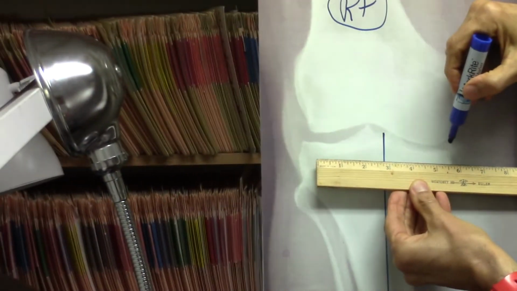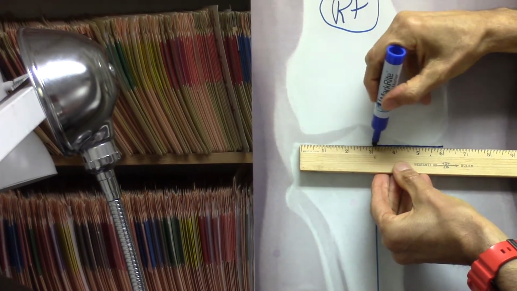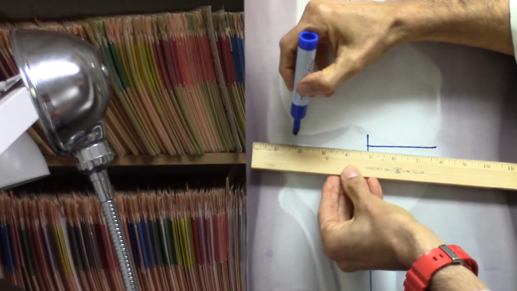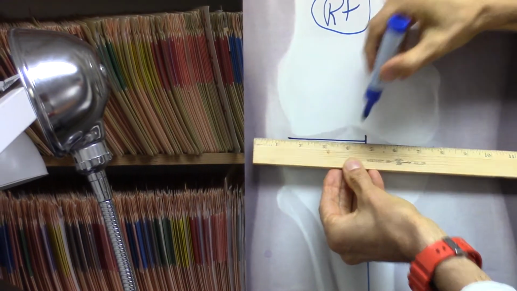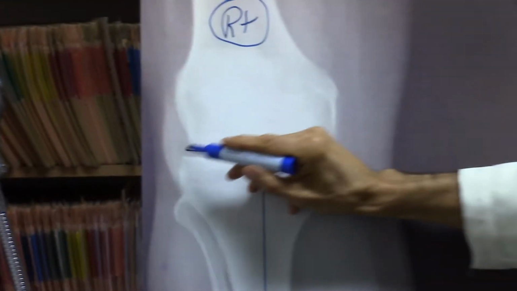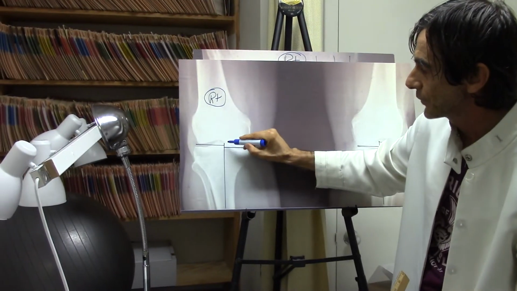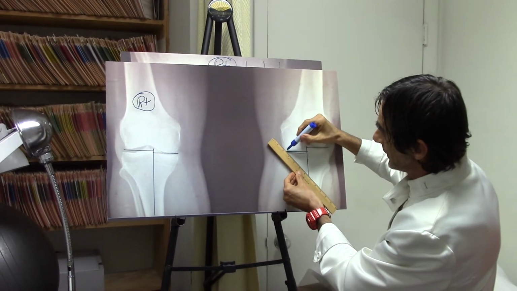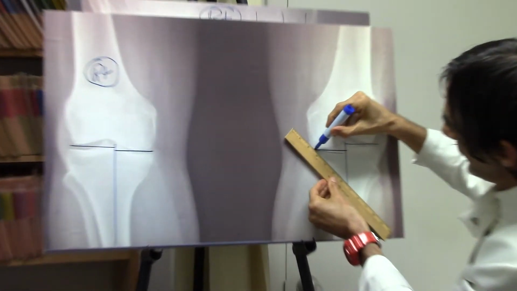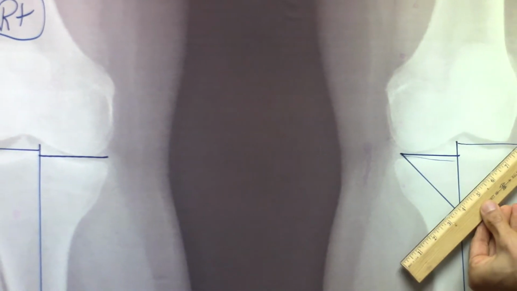You start at the tip over here, at the mid joint, and you come across. Same thing over here. Then you just connect the horizontal line to the vertical line. After you do that, you create the pyramid, and this is your weight-bearing structure right here.